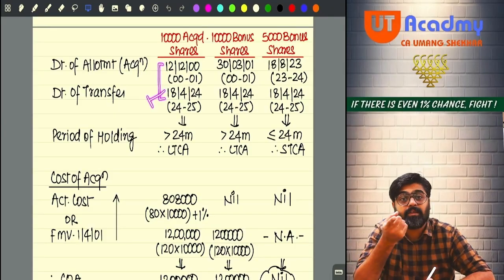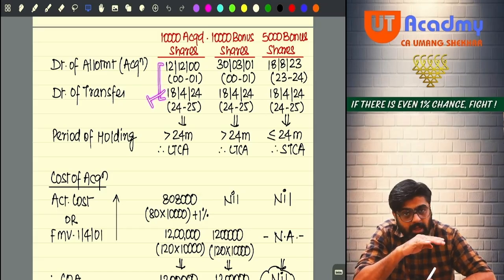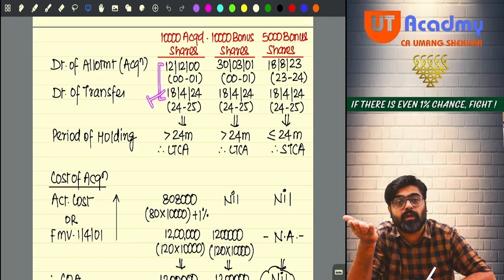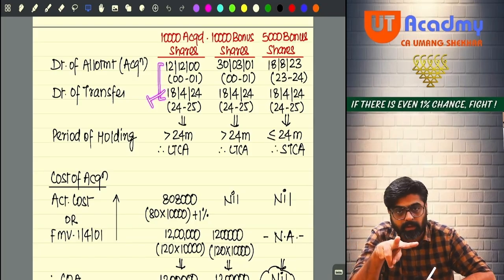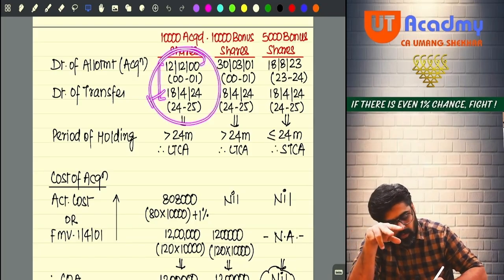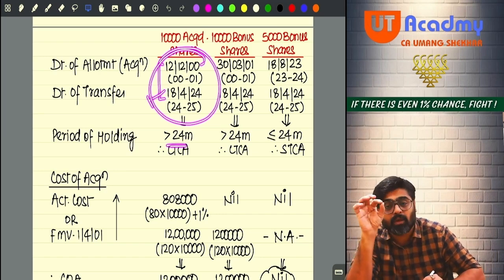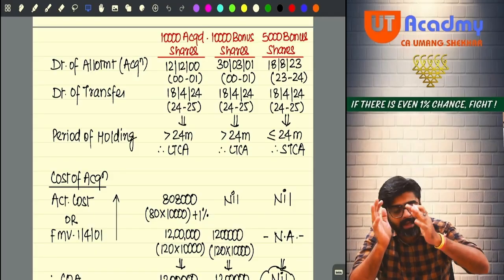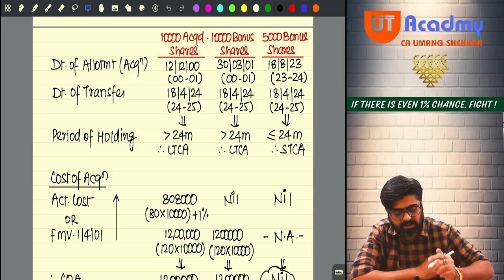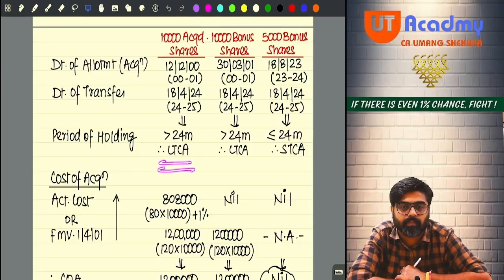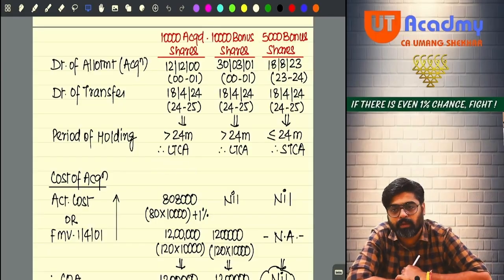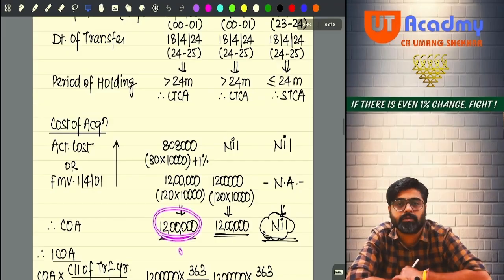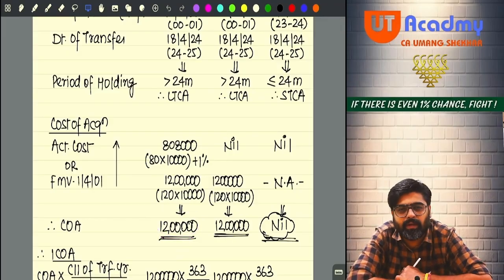Meaning these are unlisted shares transferred prior to 23rd July. That time we used to check the period of holding as 24 months only. Is the period of holding more than 24 months? Yes. Then all the 10,000 shares in this lot are long-term capital assets, held for a period of more than 24 months. And the cost also you came to know. Now will you index the cost?